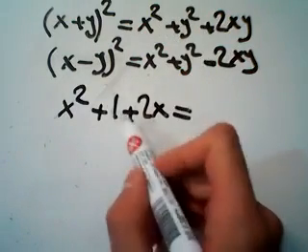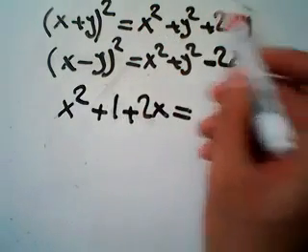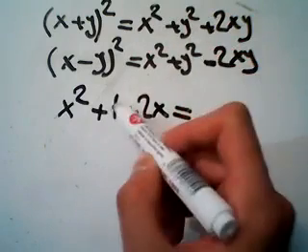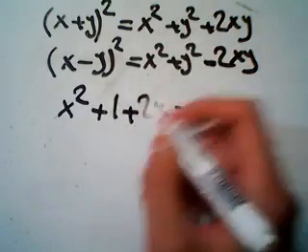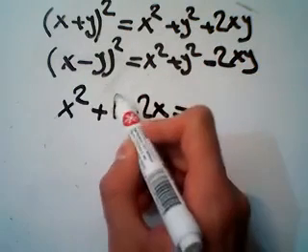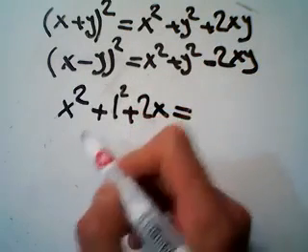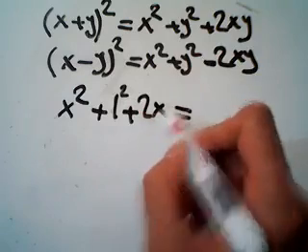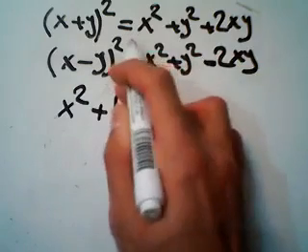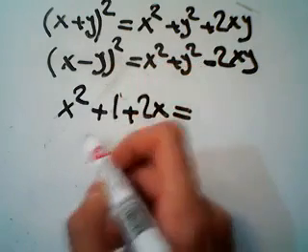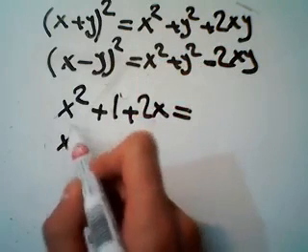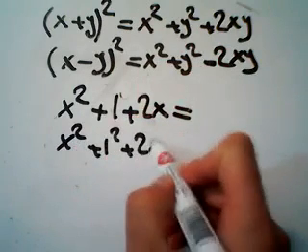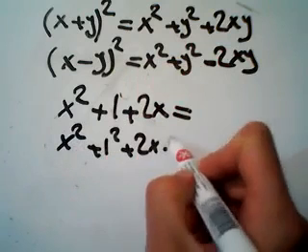And this is in the form of this, in which y is 1 and x is x. This is 1 squared also, and this is 2. Let me write it in the form of that: this is x squared plus 1 squared plus 2x times 1.